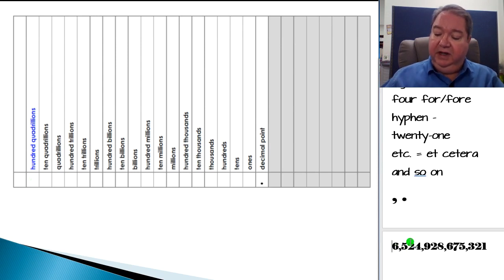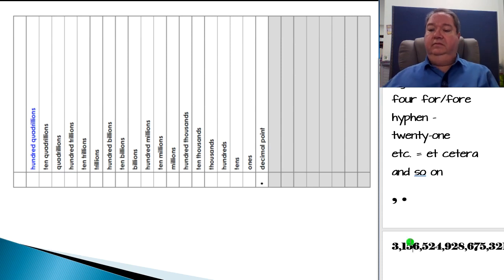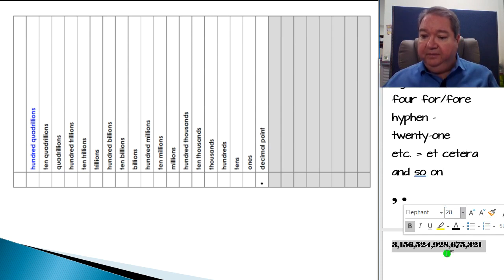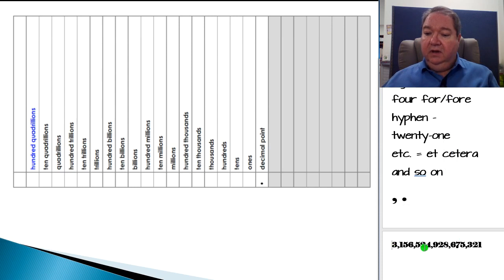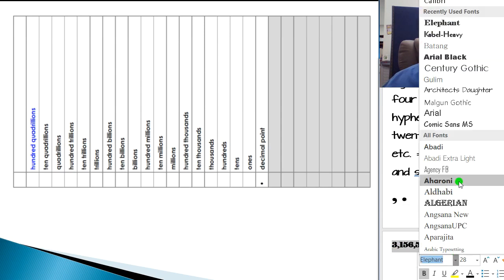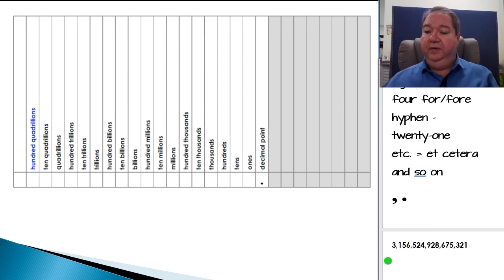So if we have something like, my number's getting too big again. Let me reduce the font a little bit. When this font gets small, it's a little harder to read. Let me switch fonts here. Okay, that's easier to read, I hope.